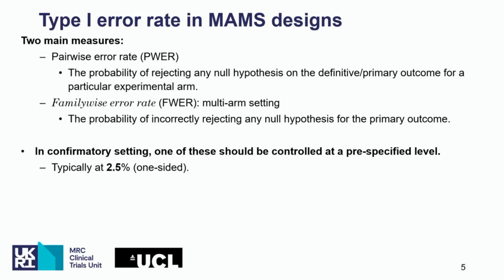When I'm controlling the pairwise error rate, I just say, this is the pairwise error rate control. When I'm controlling the family-wise error rate, I just say I'm controlling now the family-wise error rate, but at the same level of 2.5%, one-sided.